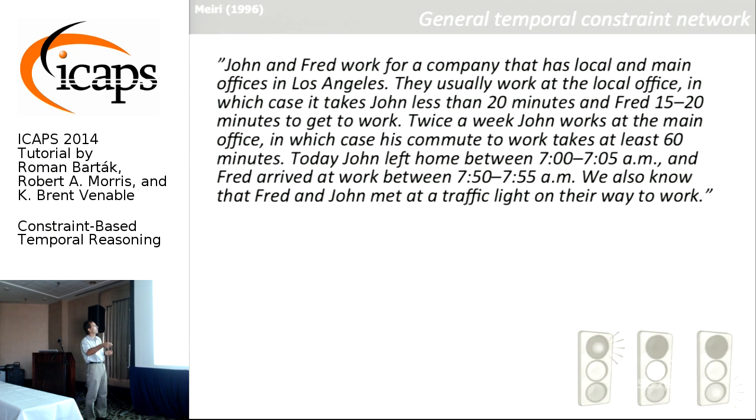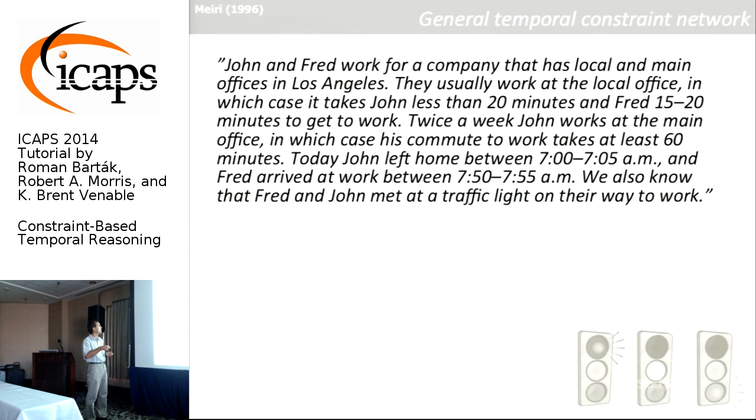They usually work at the local office, which takes John less than 20 minutes and Fred 15 to 20 minutes to get to work. Okay, twice a week, John works at the main office, which takes him at least 60 minutes. And we know that today, John left home between 7 and 7:05, and Fred arrived at work between 7:50 and 7:55.